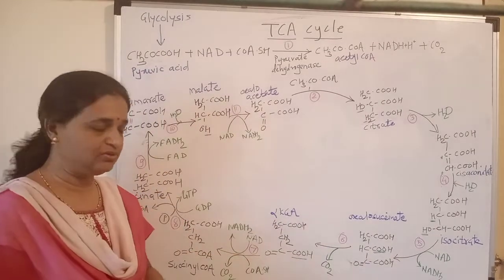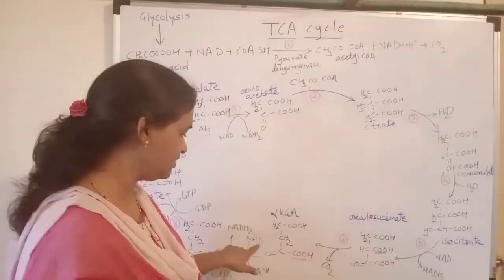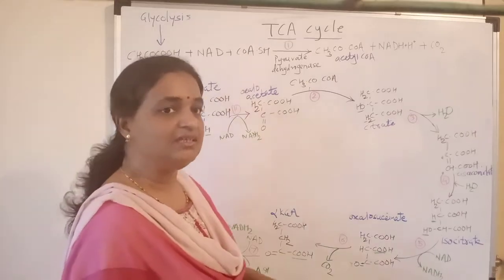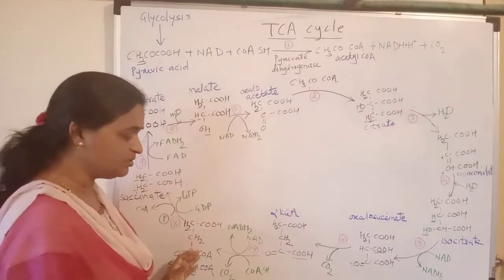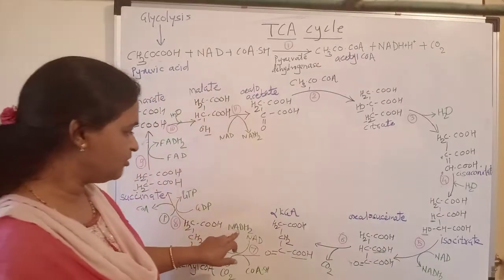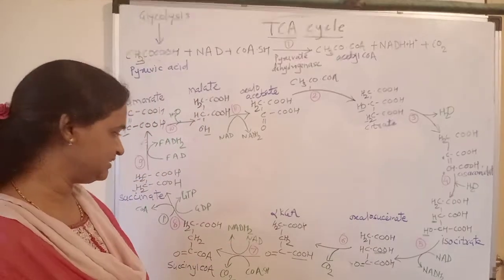Carbon dioxide is removed, and at the same time a hydrogen pair is removed that is accepted by NAD, and coenzyme A is added. The product formed is succinyl coenzyme A, and there is formation of one NADH2 in this reaction.